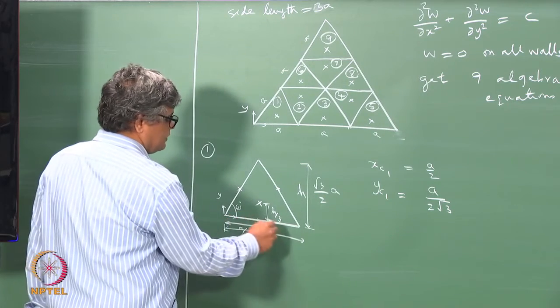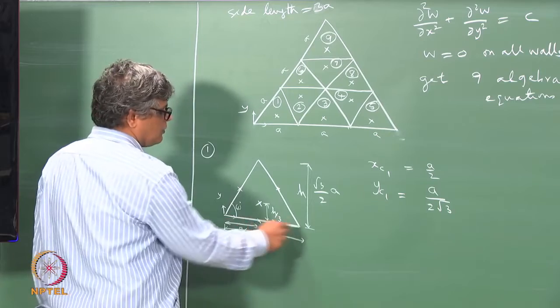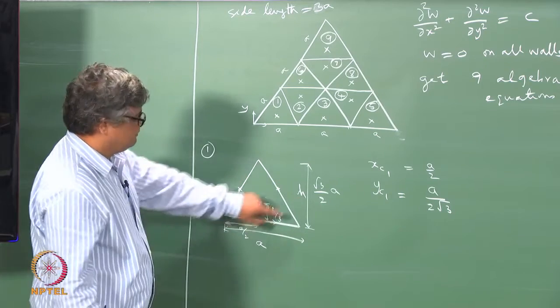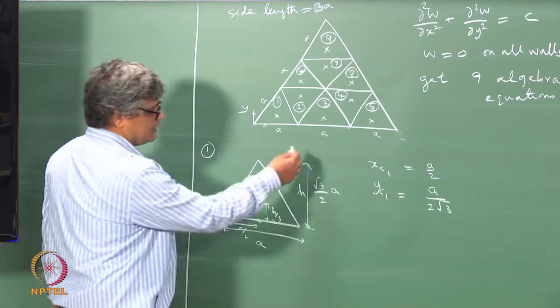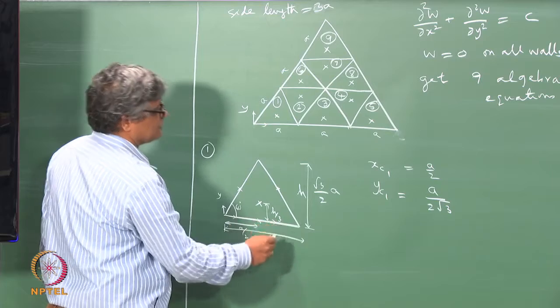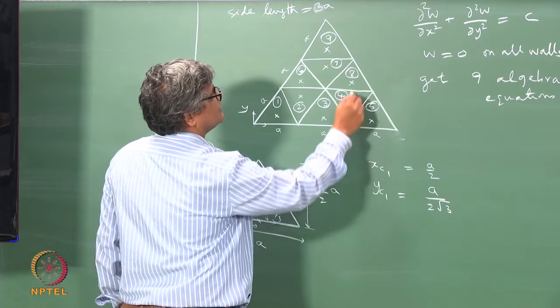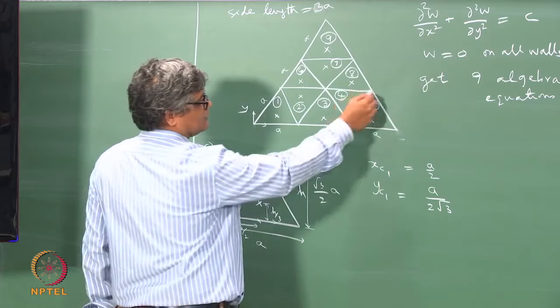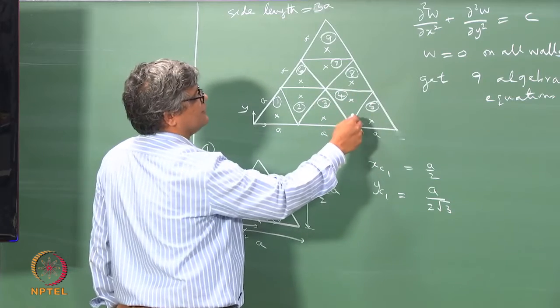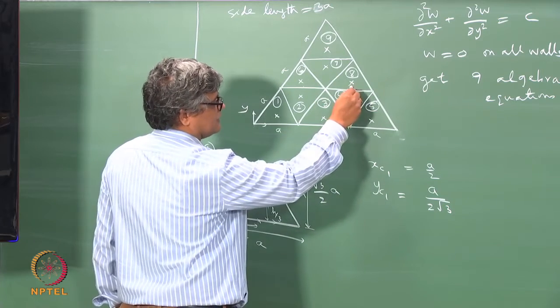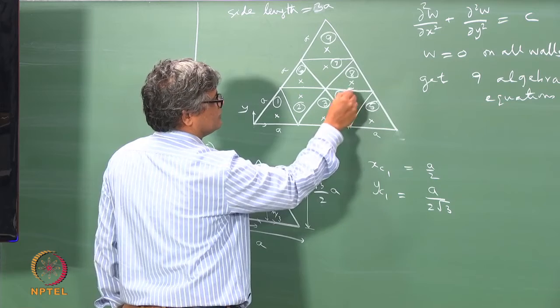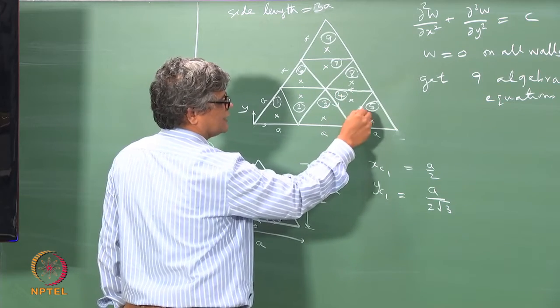We can always go in the counterclockwise direction for any given triangle, and we can always start with the horizontal side. Each of these has a horizontal side. So, for example, this cell, this is a horizontal side. So, we have side 1, side 2, side 3, because we are going in the counterclockwise direction.